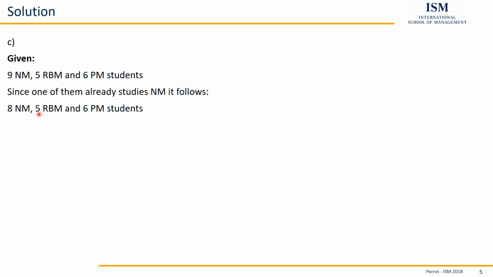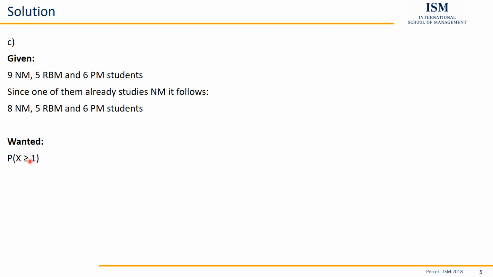My sample size is only 2 because I only have 2 remaining positions in my group left. And I want to know what's the probability that I have at least 1 RBM student, so the probability of X being larger or equal to 1. 1 or more students should study RBM.